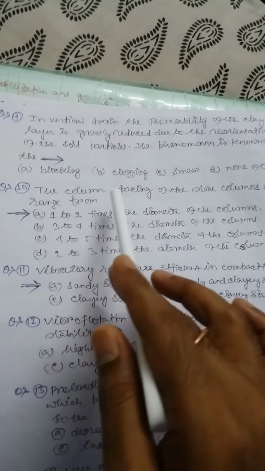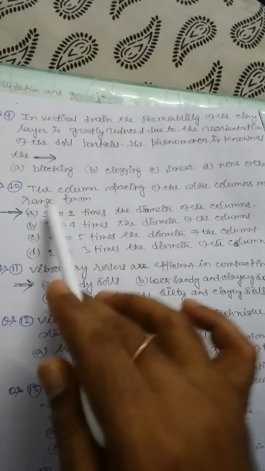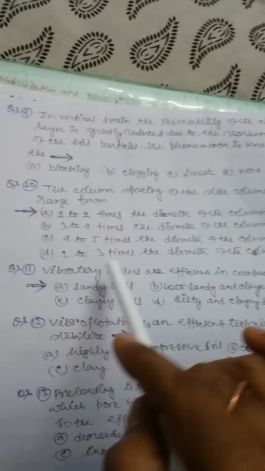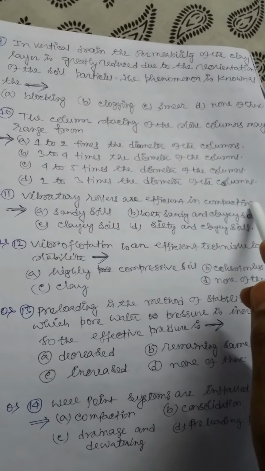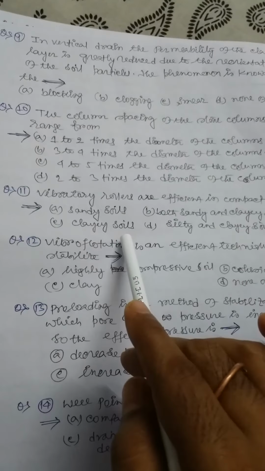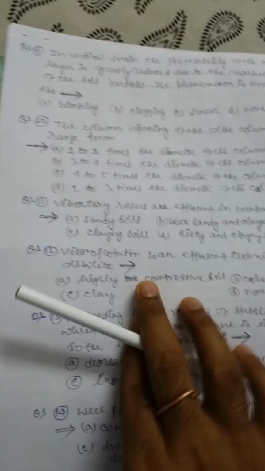10. The column spacing of the stone column may range from 1 to 2 times the diameter of the column, 3 to 4 times, 4 to 5 times, 2 to 3 times the diameter of the column. Question number 11. Vibratory rollers are efficient in compacting: sandy soil, both sandy and clay soil, clay soil, silty and clay soil.